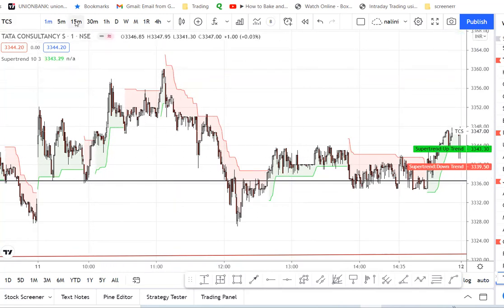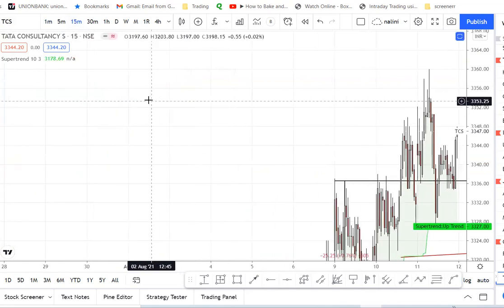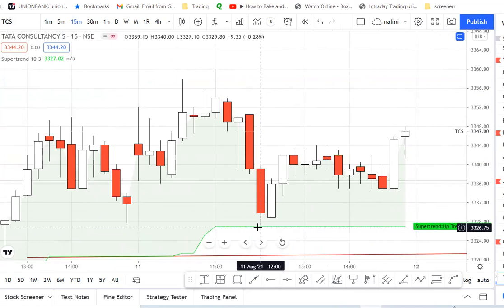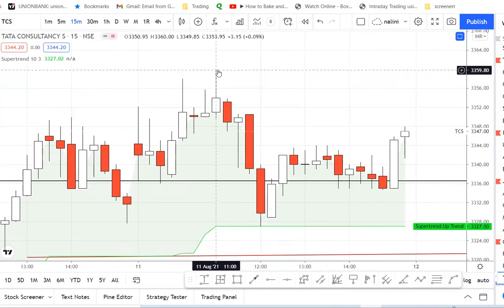So then you have to go to the 15 minutes time frame. Then you will get a super trend over here. So you can anticipate when you start selling at this.